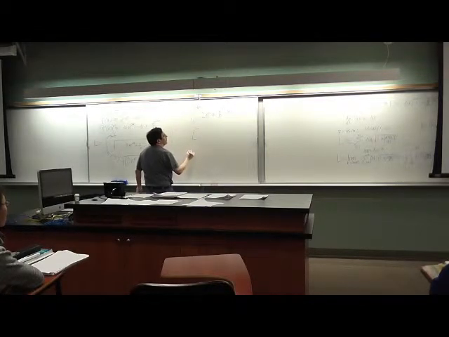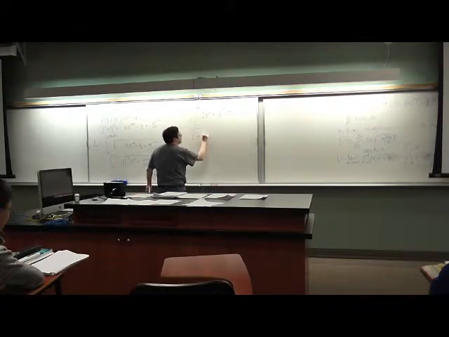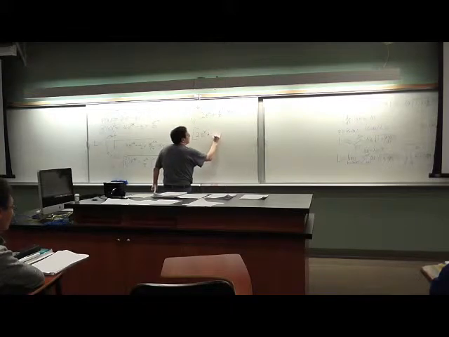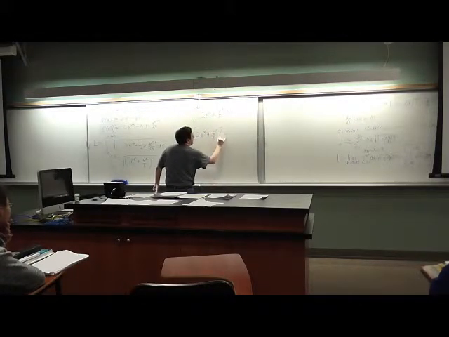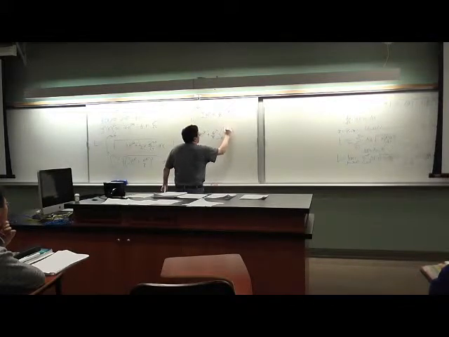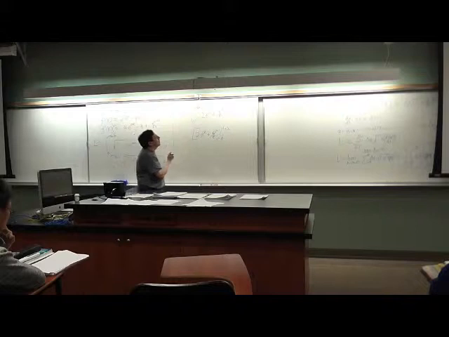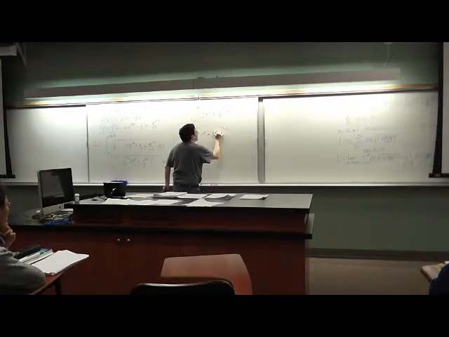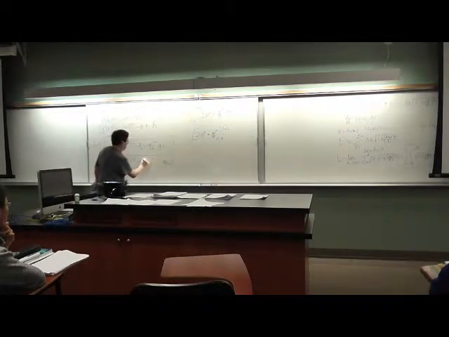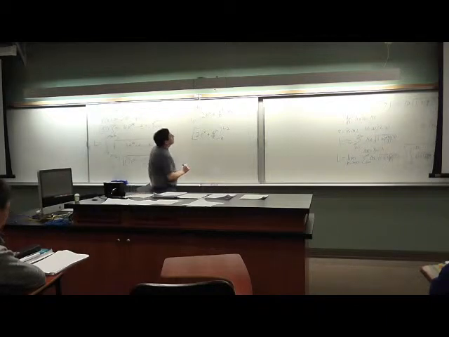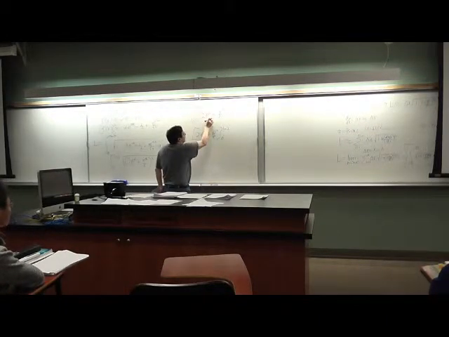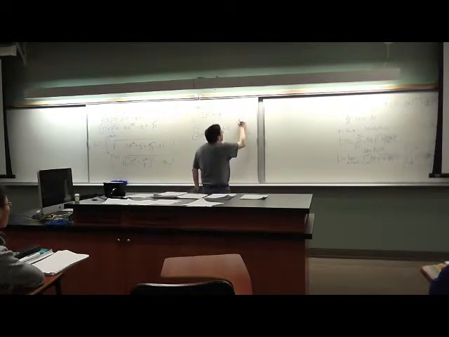Now we have to find the antiderivative, 2e to the x minus e to the minus x over 8, from 0 to the log of 2. Oh, I keep forgetting the minus sign. There we go.